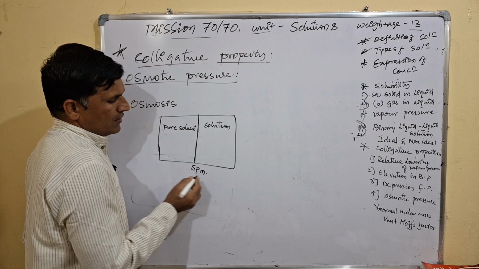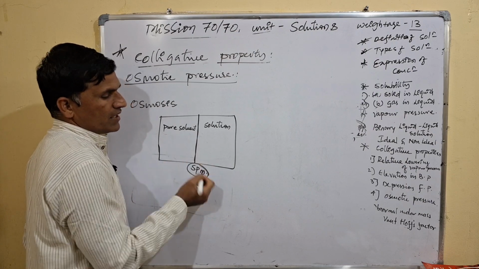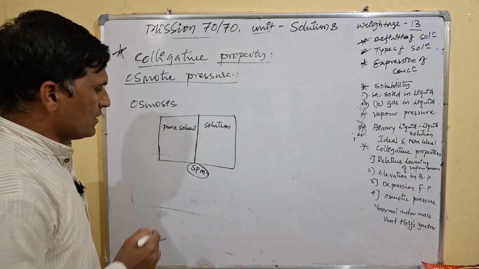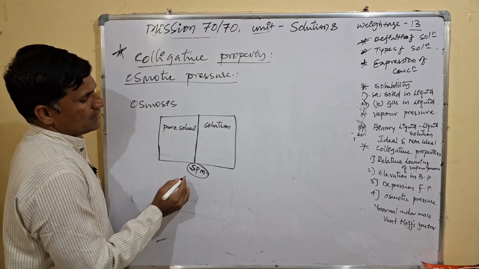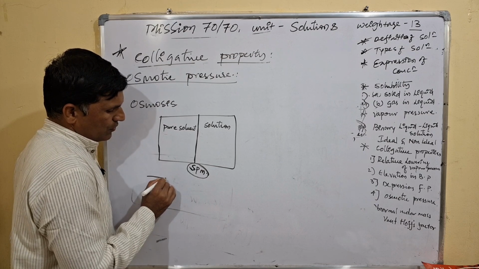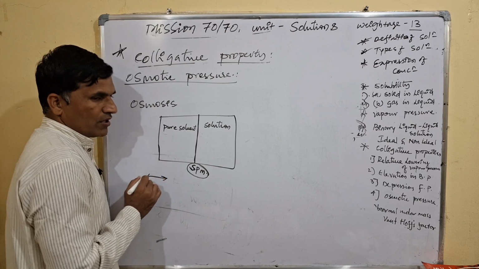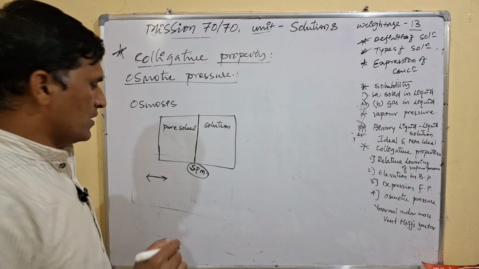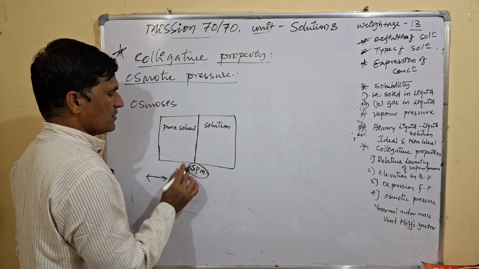Semi-permeable membrane. On this semi-permeable membrane, once again, you will get 1 mark questions, so this is again important. A semi-permeable membrane is the membrane which allows only the flow of solvent molecules, but not the solute molecules. Those are called semi-permeable membranes.